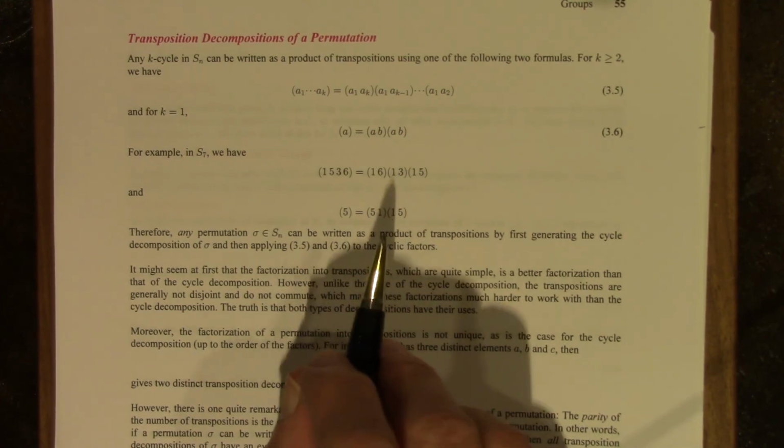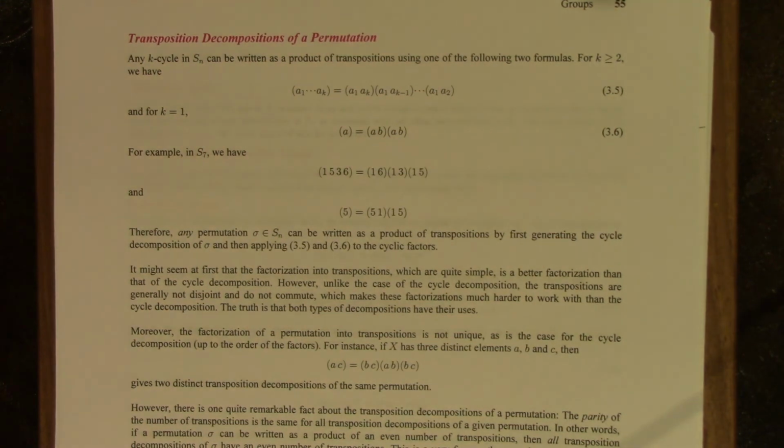Because of these formulas, any permutation is a product of transpositions. All we have to do is first form the cycle decomposition and then write each cycle as a product of transpositions.